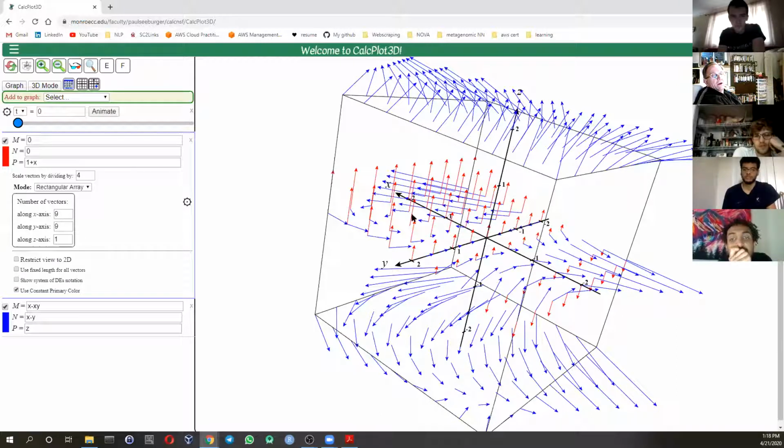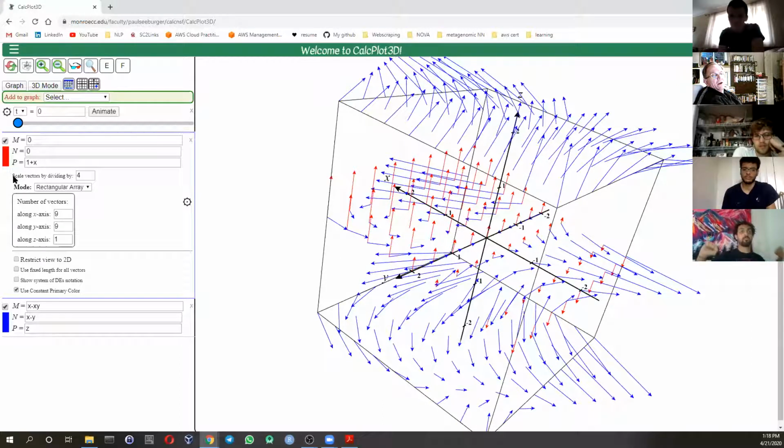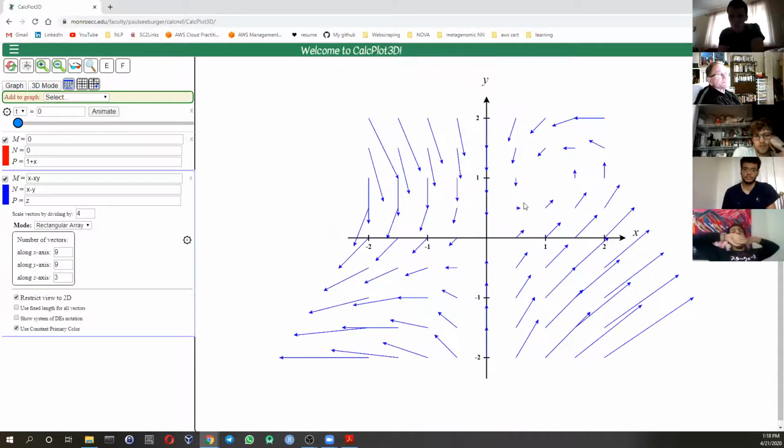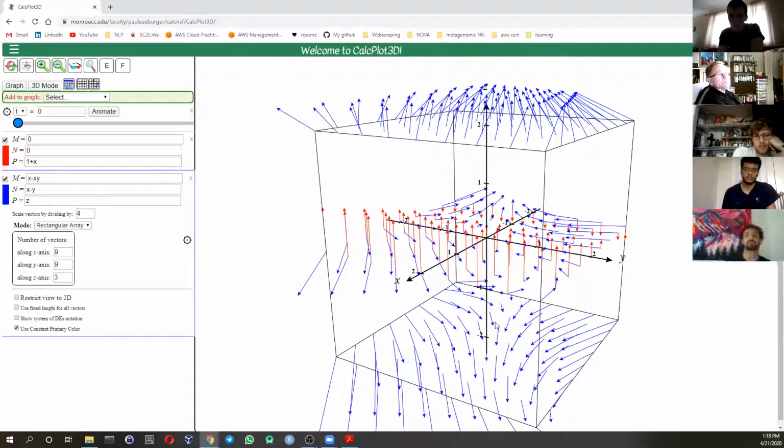It slowly comes this way, following the vector field, right? I think I can do that. No, it doesn't do that. That's unfortunate. Maybe if I restrict view to 2D. Oh, come on. That's stupid. It doesn't do that now. I don't know how to make it do that.